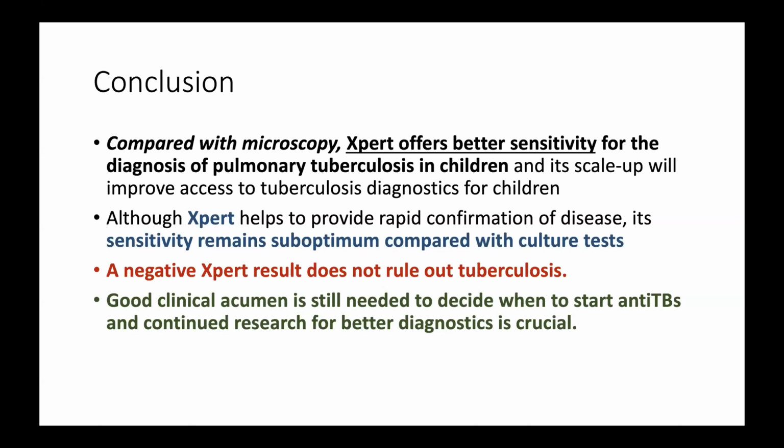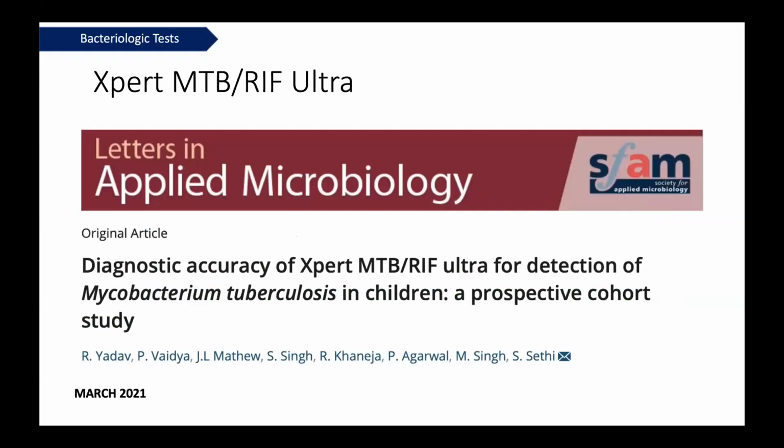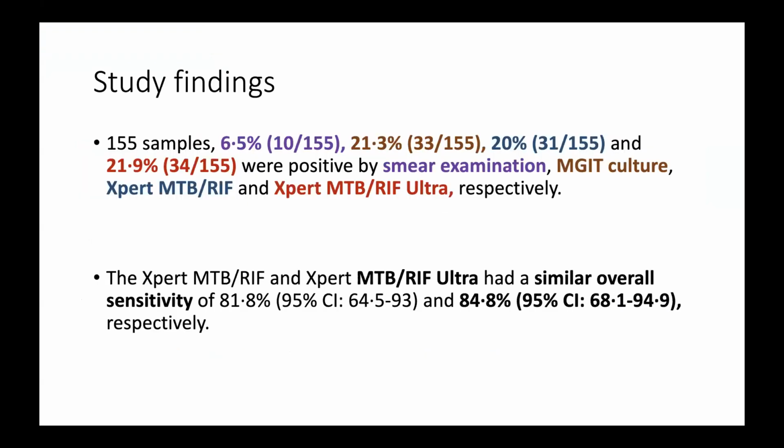So some good news, but maybe not the best of news. So Ultra, Xpert Ultra, in children. That was a prospective study, and there have been a number of studies done after this, but I just wanted to highlight how there seemed to be a better overall sensitivity.